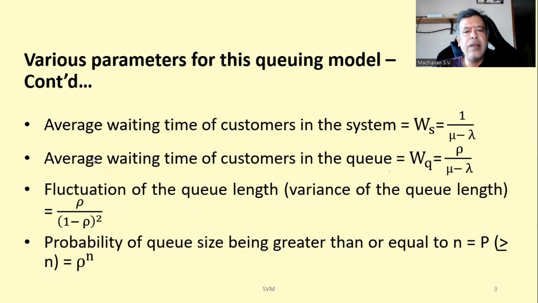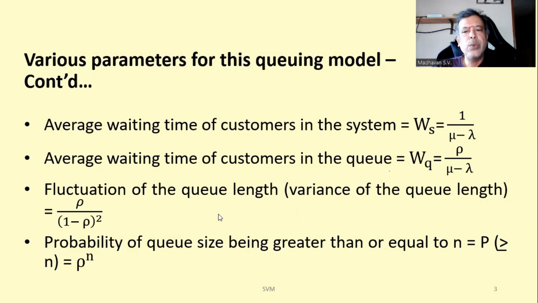Further, we can find the average waiting time of customers in the system, denoted by W suffix S, which is calculated as 1 divided by mu minus lambda, the inverse of service rate minus arrival rate. The average waiting time of customers in the queue is W suffix Q, which is rho divided by mu minus lambda.